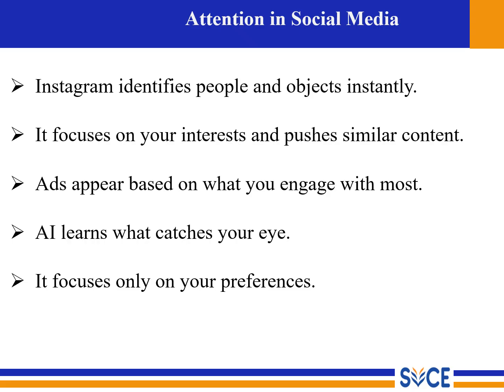From an explainable AI perspective, it is important to understand why certain content is shown to you. Attention not only improves the user experience, but also influences behavior. That is why explainability becomes crucial in such systems.